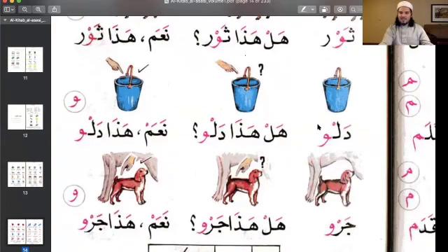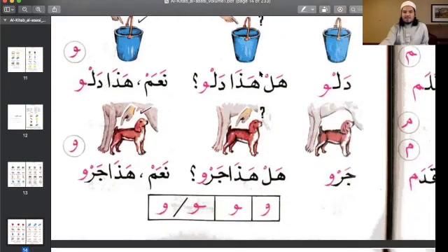If you were pronouncing the harakat at the end, it would become dalwun, dalwan, dalwin. But we'll do it with a sukun, which is just dalu. Dough. Does it sound right? I'm just kidding. Yeah. هذا dough. نعم. هذا dough. Good. Daniel.